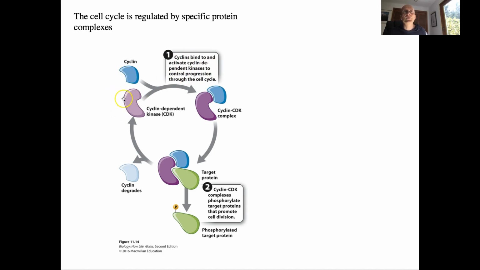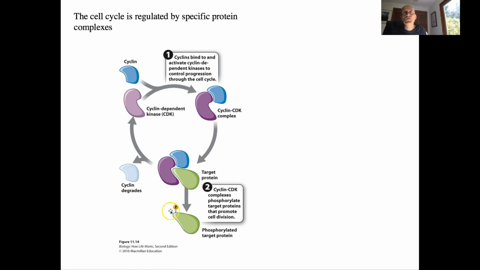So they're shown here. You have these 2 different types of proteins, and they can form complexes. So it says here, cyclins bind to and activate cyclin-dependent kinases to control progression through the cell cycle. When they bind together, they can then target other proteins, and they can transfer phosphate groups.